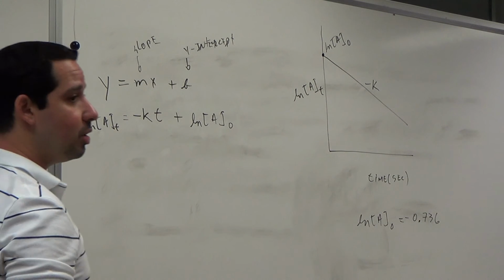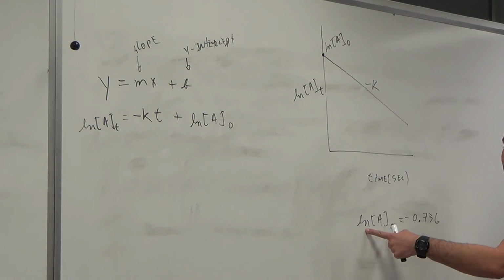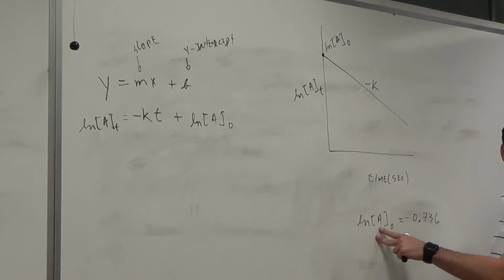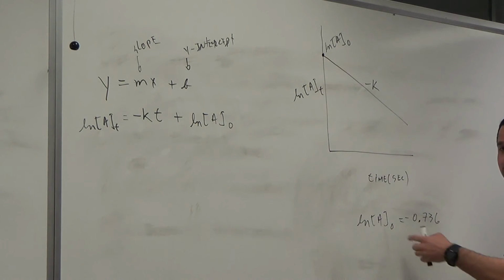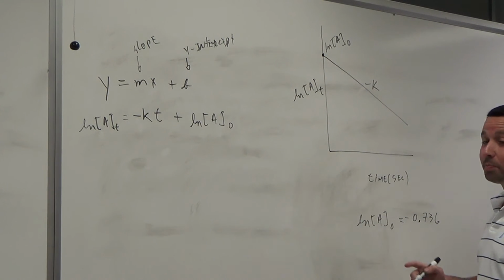So what is the concentration of A_0? I can't have this ln here. I need A_0 by itself, yes or no? How do I get rid of this ln? Do the inverse on both sides. It's horrible, I'm telling you. Yes, something with the e.